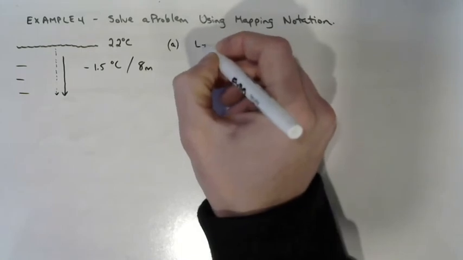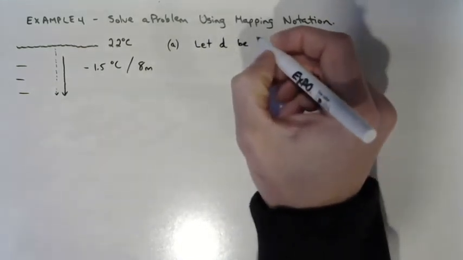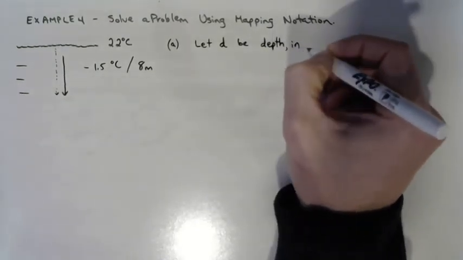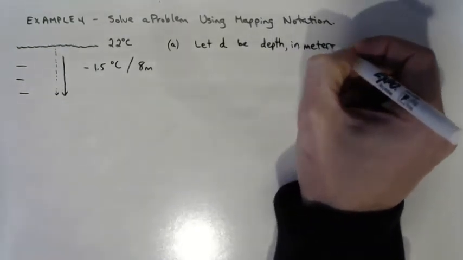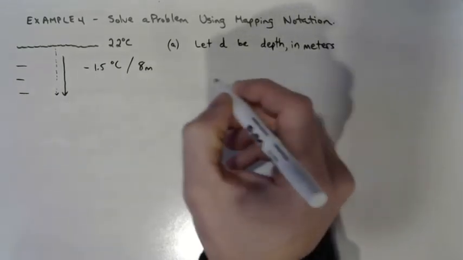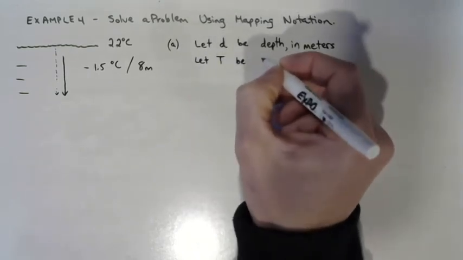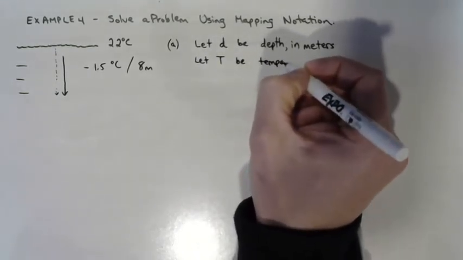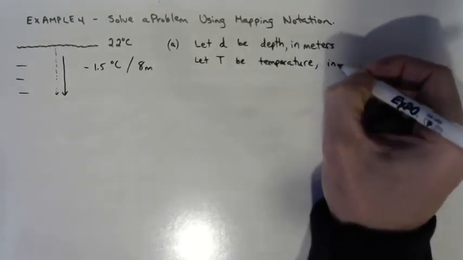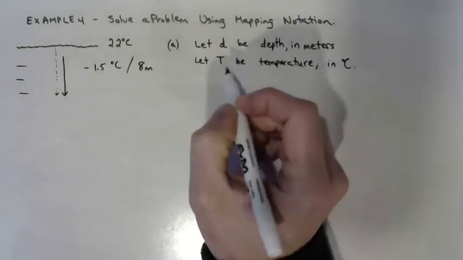So we're going to let D be depth in meters that Ronaldo is below the surface of the lake. And we're going to let T be temperature measured in degrees Celsius at a particular depth.